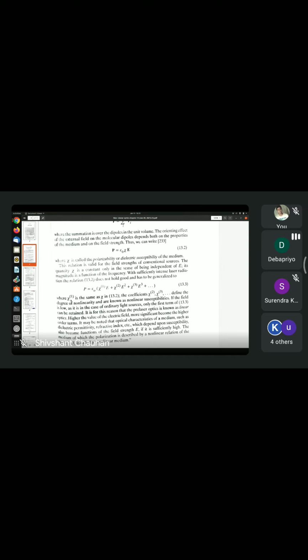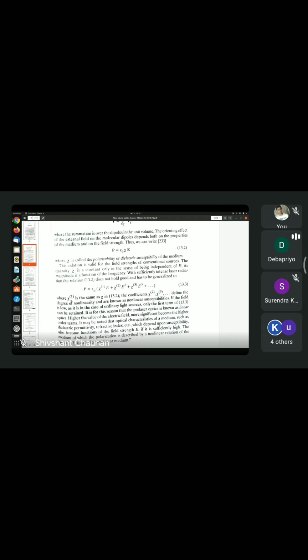Now, as I mentioned a little while ago, if the electric field of the incident radiation is very strong, within an order of magnitude of the electric field produced by the nucleus, then you cannot stop at the first term, but you have to consider higher powers of E. So in equation 13.3, they have written down the general expression for the polarization vector, which is epsilon 0 into chi 1 E. Chi 1 is the same as the chi of equation 13.2, that is the linear response coefficient, but then you have terms like chi 2 E square plus chi 3 E cube and so on.